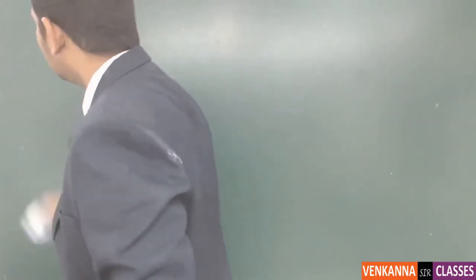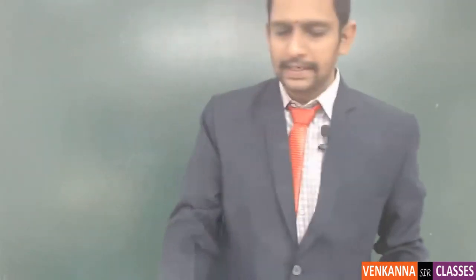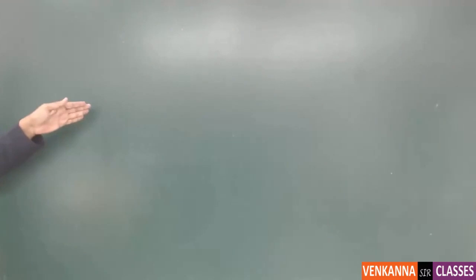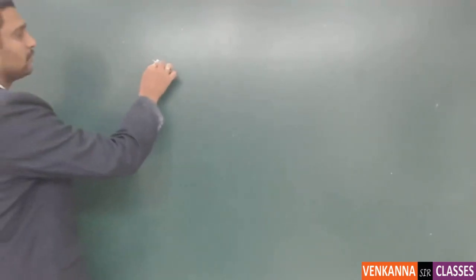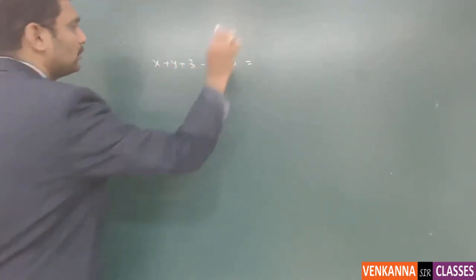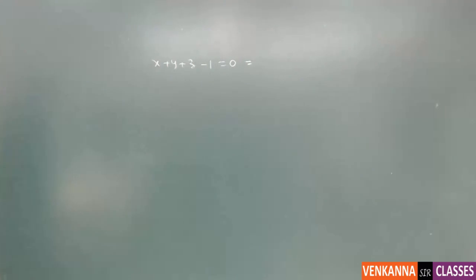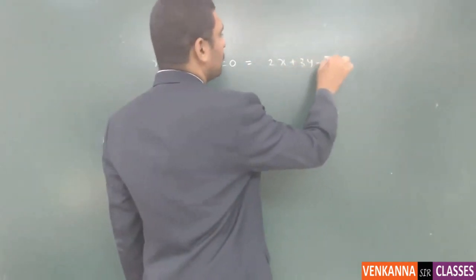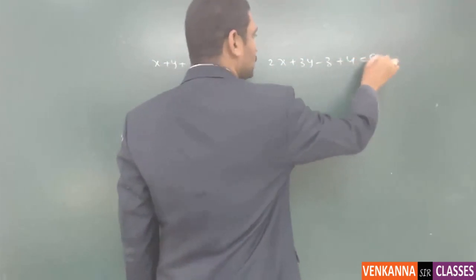So the writing part of the question is clear. So we are going to find the equation of the plane passing through the line of intersection of x plus y plus z minus 1 equal to 0, and 2x plus 3y minus z plus 4 equal to 0.